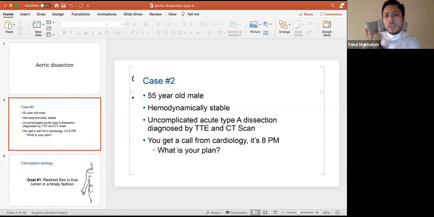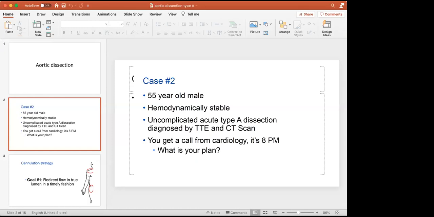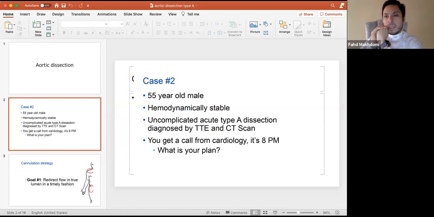So what is the mortality for an acute type A dissection? 1% per hour for the first 48 hours. That's equal to 75 to 80% in the first week. Yeah, so maybe it's a little bit lower than that, Hussein.